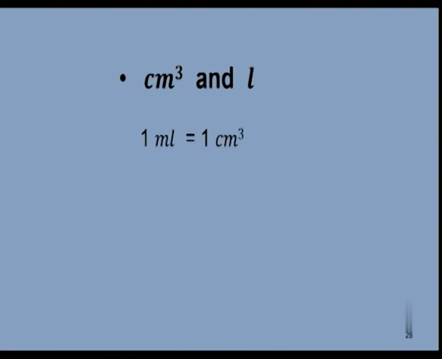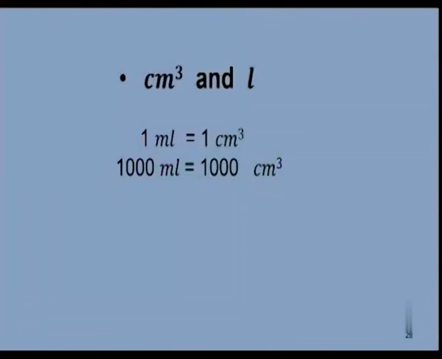Then what about 10 milliliters? Yes, 10 milliliters is also equal to 10 cubic centimeters. Then what about 100 milliliters? Yes, 100 milliliters is equal to 100 cubic centimeters. What about 1000 milliliters? Yes, 1000 milliliters is also equal to 1000 cubic centimeters.